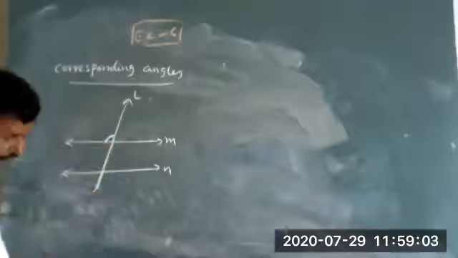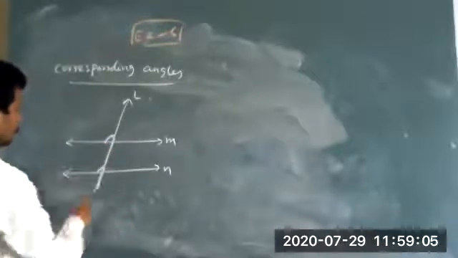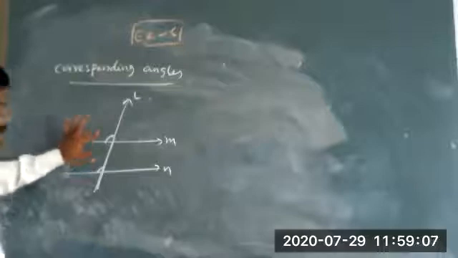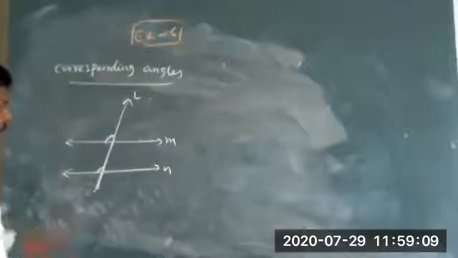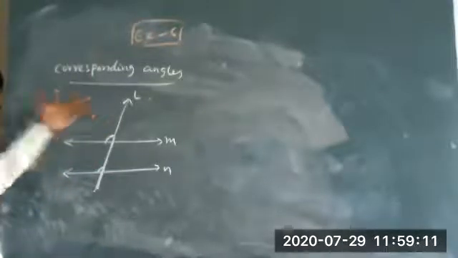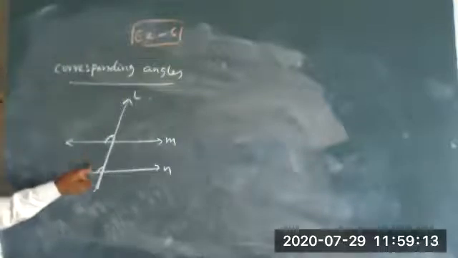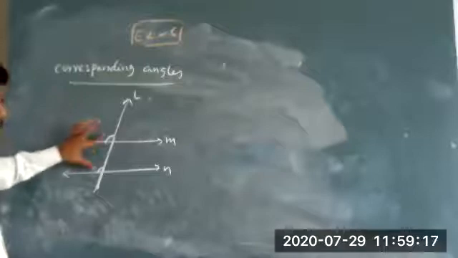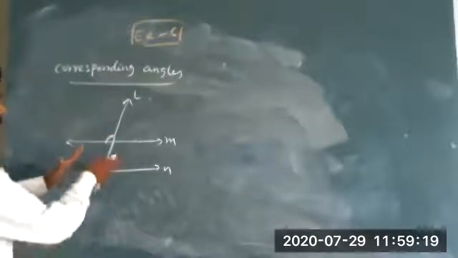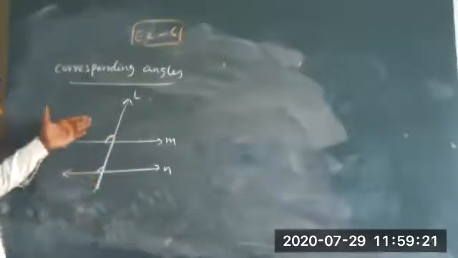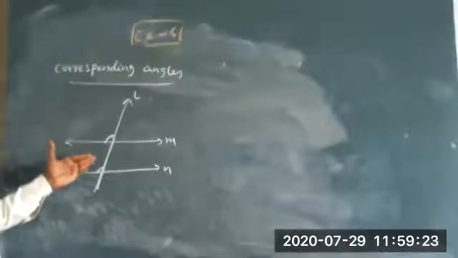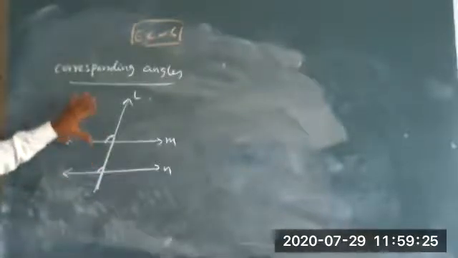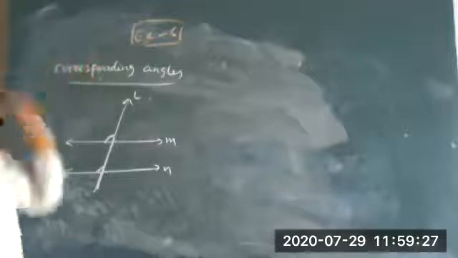This angle and this angle, these two angles are corresponding angles. Why? Because this angle is exterior, this angle is interior, the inside angle. This is the exterior angle. These two angles are on the same side of the transversal. One is an exterior angle, one is an interior angle on the same side of the transversal. It is called a corresponding angle.